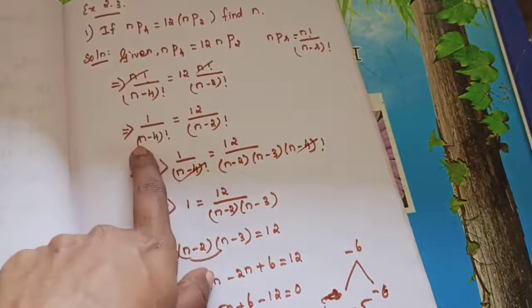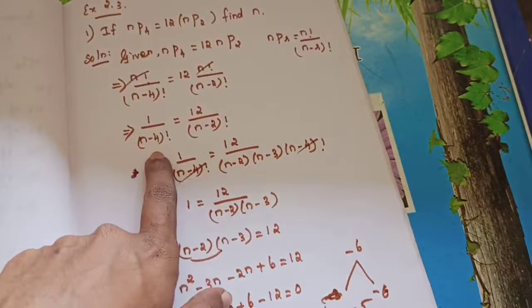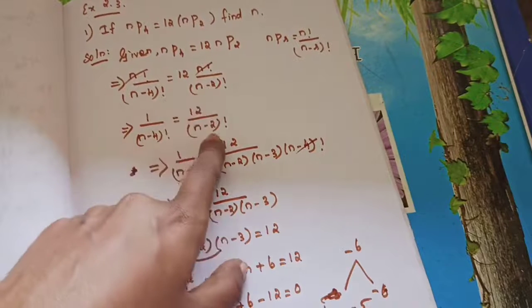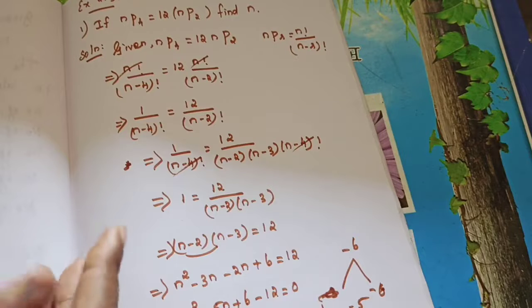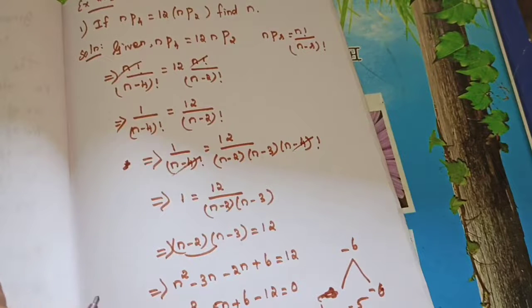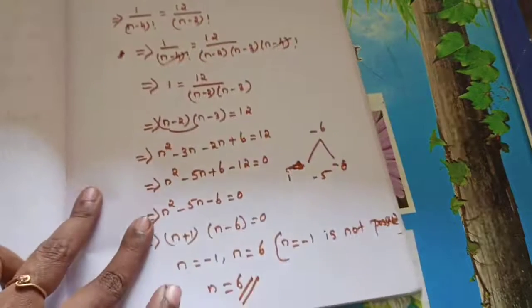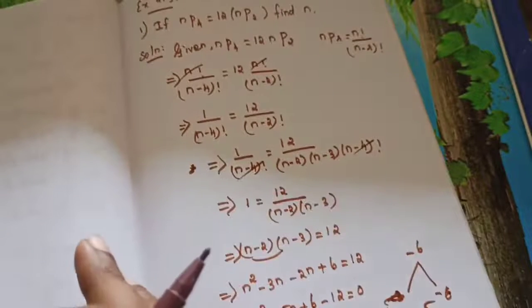You can't change this in the form of n minus 2 factorial, so I am changing this as n minus 4 factorial. Both the terms I cancel and cross multiply. We will get one quadratic equation. From that quadratic equation, solving, I got the two factors. Negative value is not possible, only positive value is possible. So n is equal to 6. Got it? Let's move to the next question.